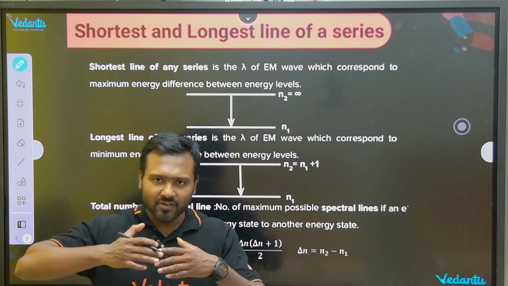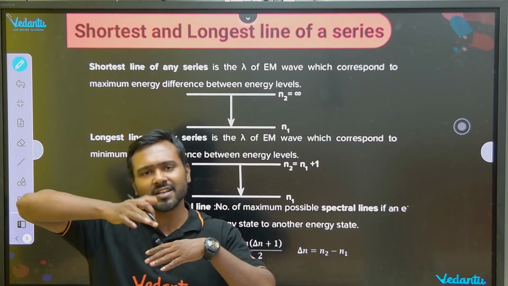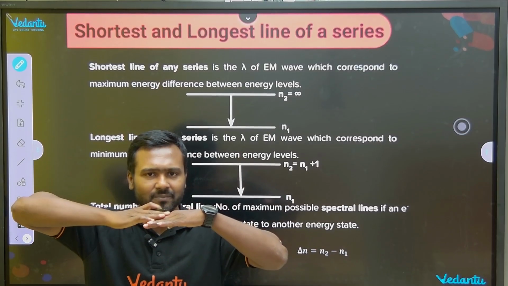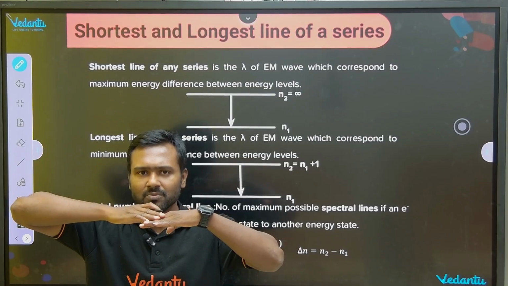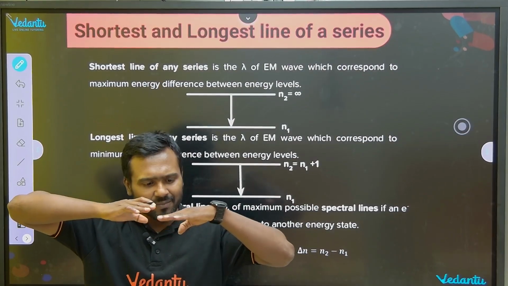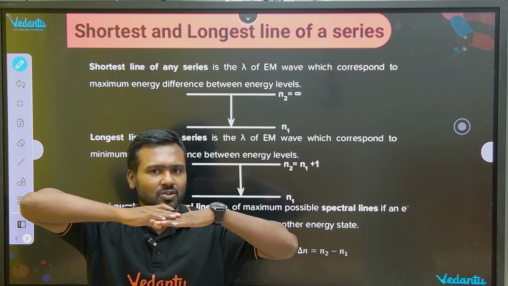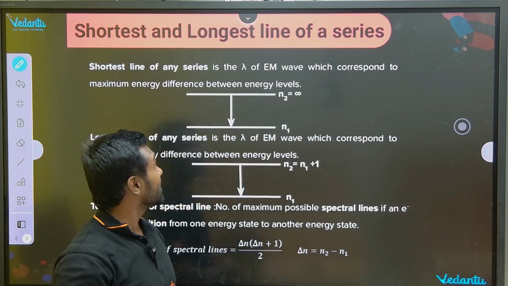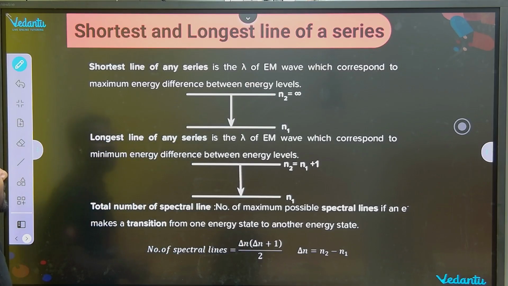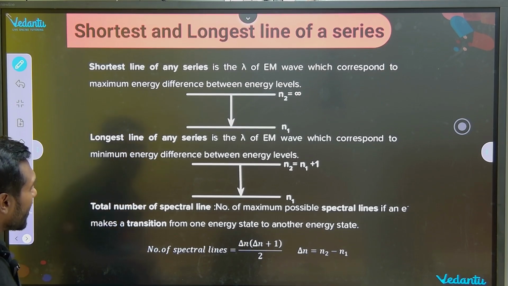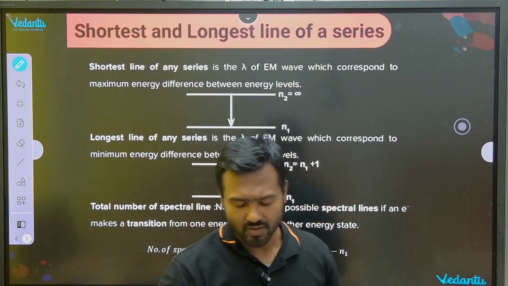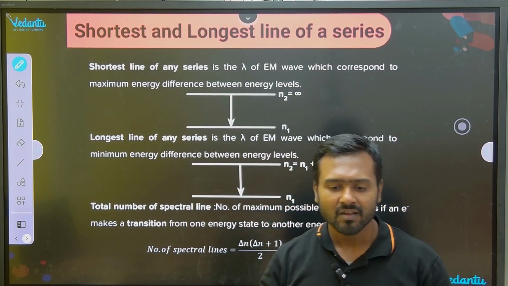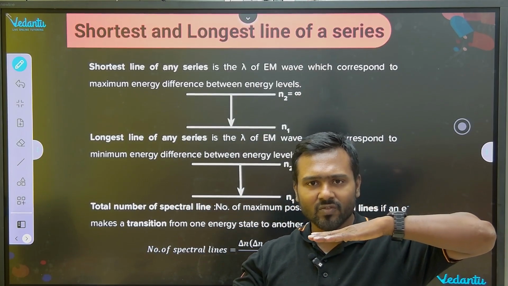When the electron is excited from the first level of its series, whatever series you take, for Lyman n1 is equal to 1, Balmer n1 is equal to 2, Paschen n1 is equal to 3, up to the last line at infinity, that line has the shortest wavelength, that is maximum energy. And the longest one is the first line. First line means, in the Lyman series, n1 is equal to 1 and n2 is equal to 2.